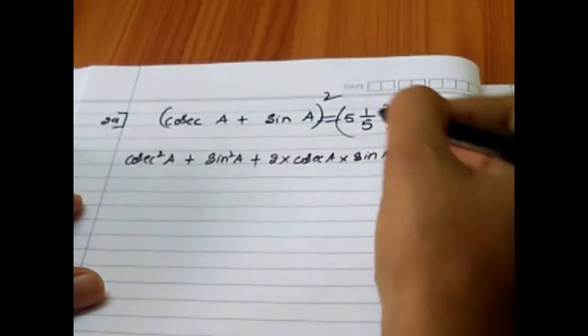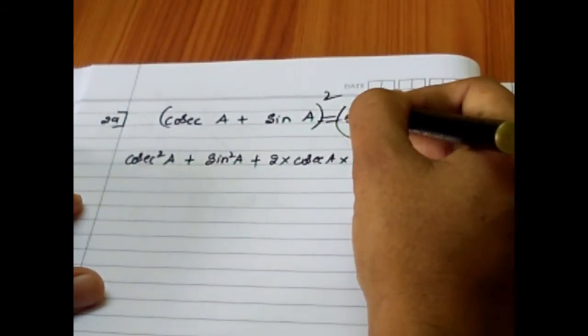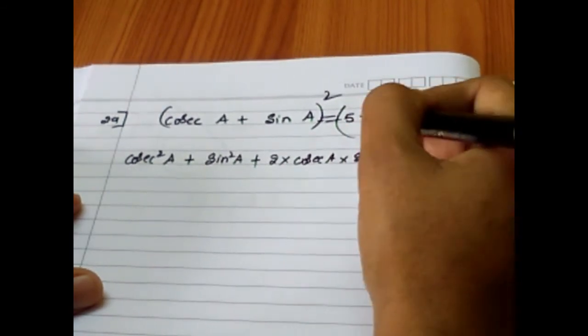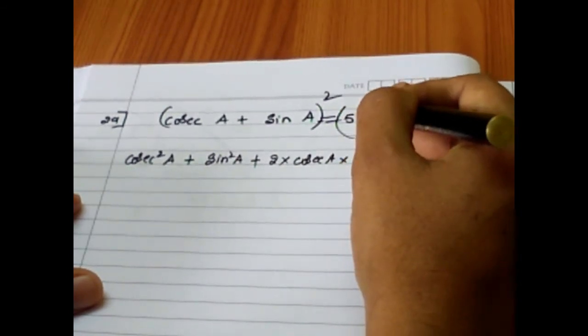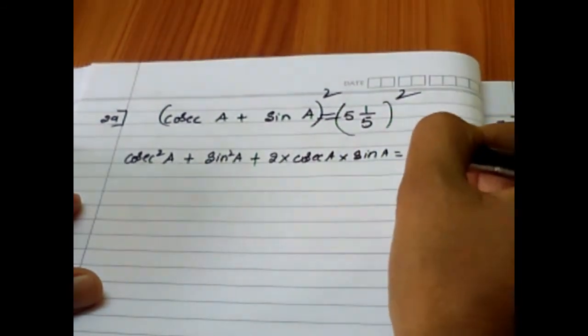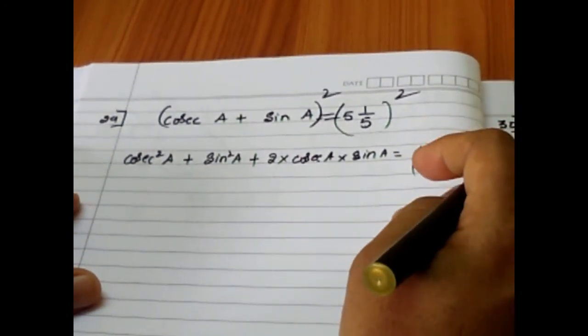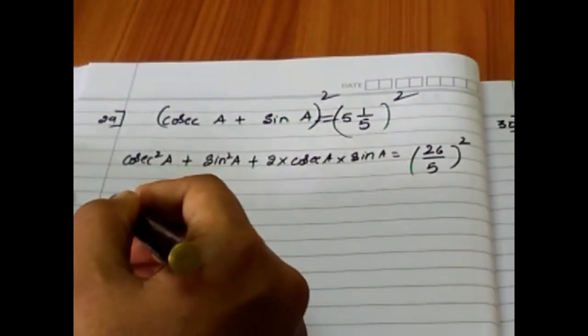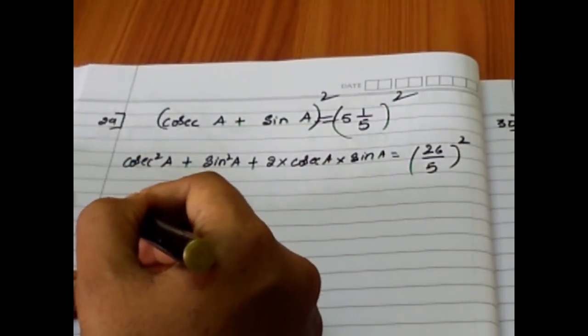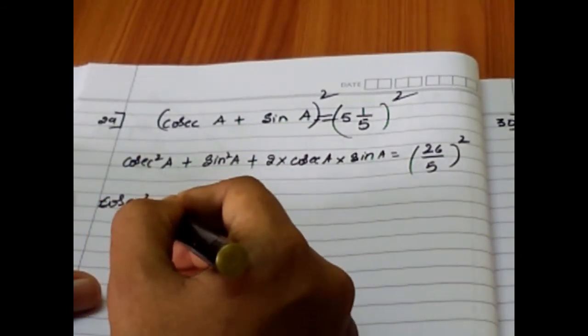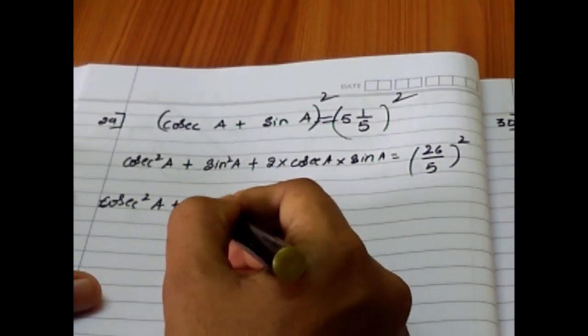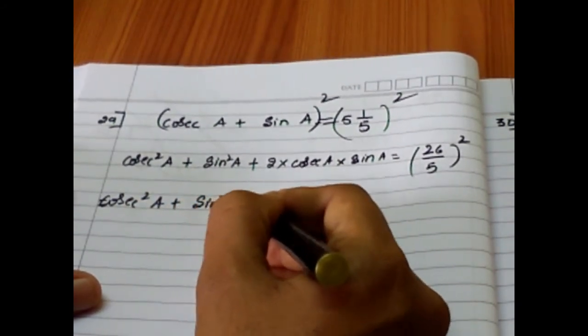This is 2ab. Now 5 5s are 25, 5 1 by 5 is 26 by 5, whole square. Let me calculate the value in the next step. Okay, now cosecant square A keep as it is because I need this, and sin square A I need this also.